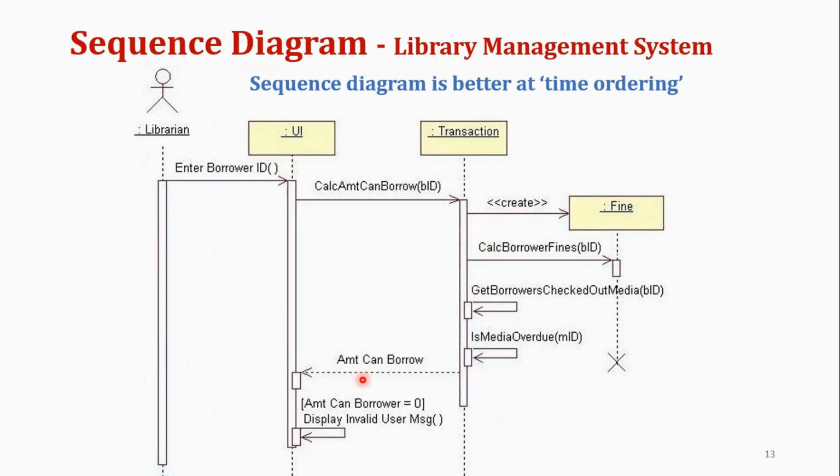So you can check out this, convert this sequence diagram into a collaboration diagram. These are all the objects: UI, transaction, fine. These are all the sequences happening in between, and these are the messages or sub-activities happening in each collaboration.